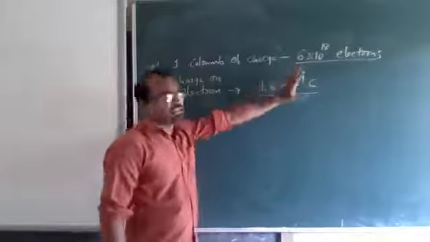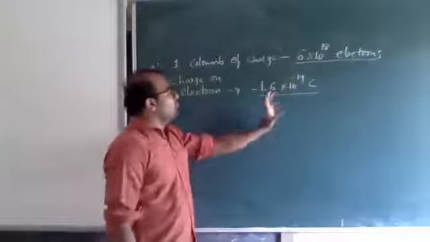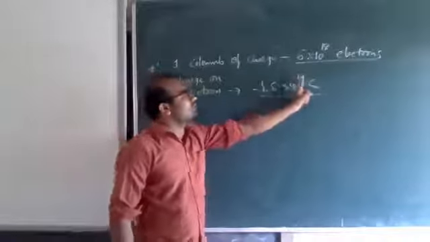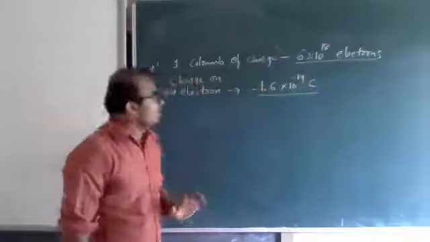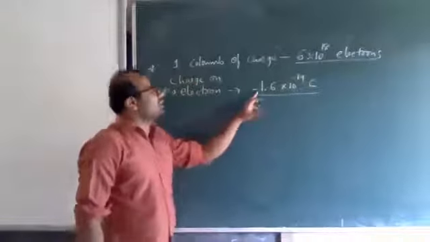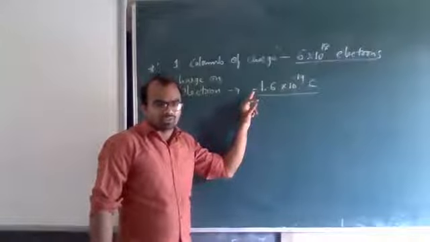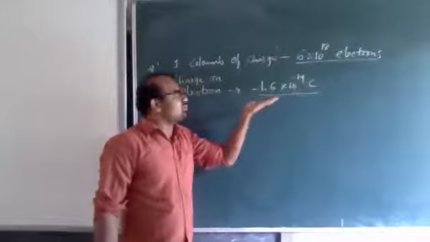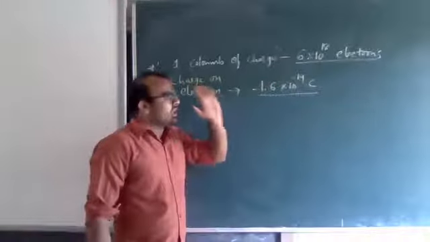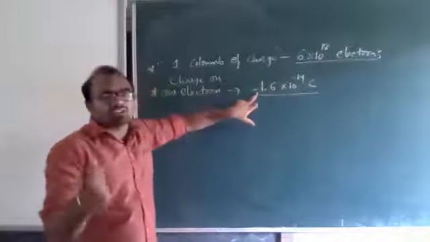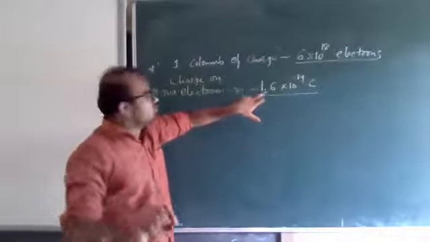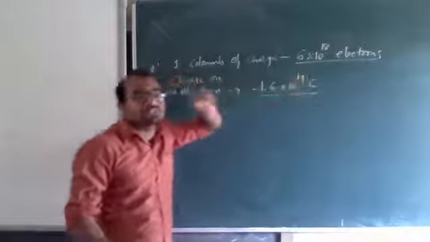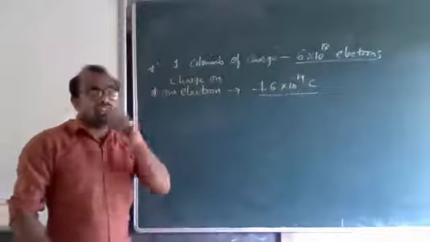In 1 coulomb of charge, 6 into 10 to the power 18 electrons are present, but on 1 electron, 1.6 into 10 to the power minus 19 coulomb of charge is present. Since electrons are negatively charged, we use the minus symbol here. Sometimes it is not used, just to say the magnitude is 1.6 into 10 to the power minus 19 coulomb, but the minus indicates electrons are negatively charged. So minus 1.6 into 10 to the power minus 19 coulomb is the charge on each electron.